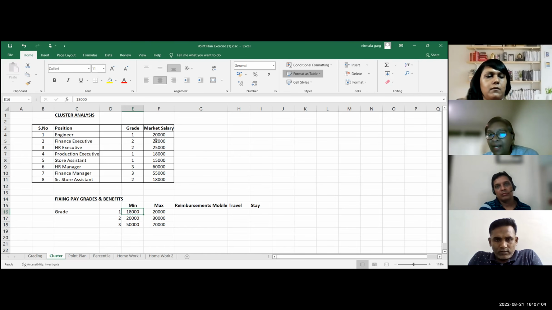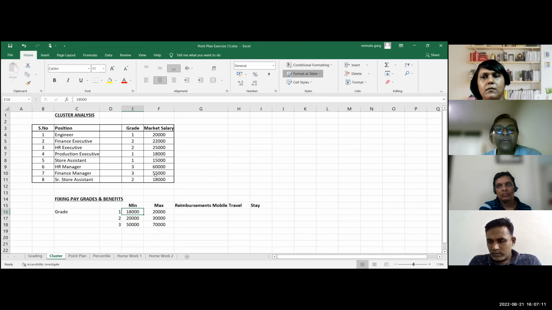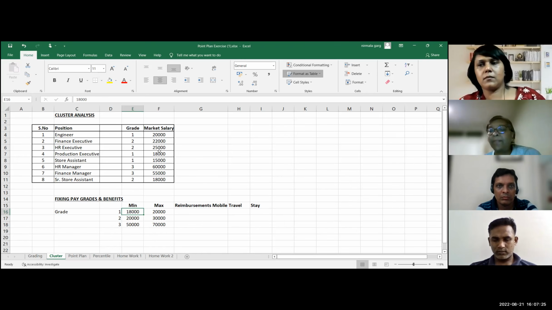I have to get market salary. Okay. Have you got it? So I have to get market salary. You may ask me, ma'am, from where did you get it? In the next session, we'll be talking about how to gather or how to collect and how to get market data. But as of now, market salary means data of comparative or peer organizations.